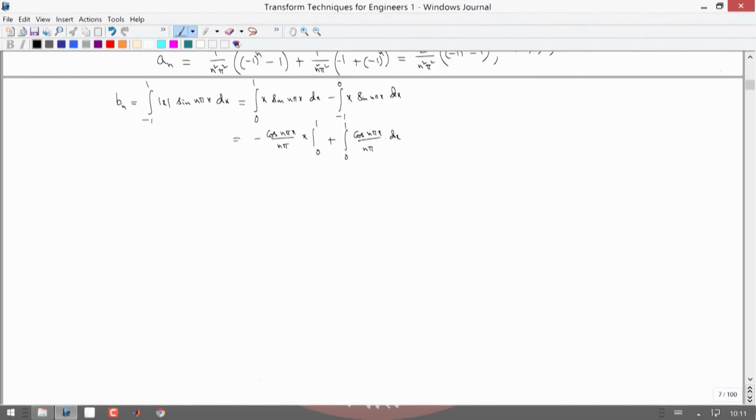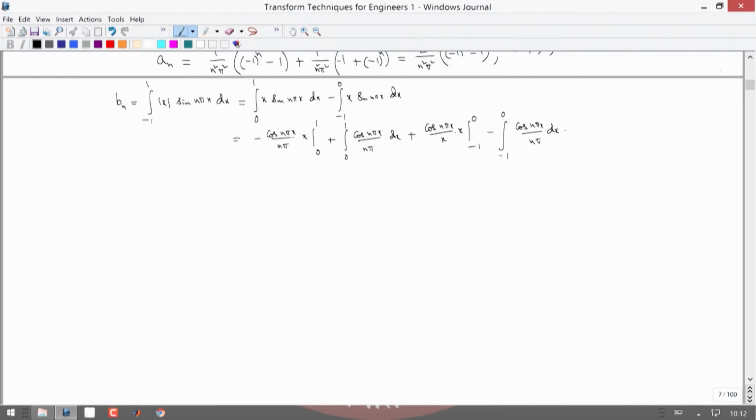And the same thing you can do here, minus minus plus here, cos n pi x by n pi times x. Now, substitute the limits -1 to 0 for this integral, and this is going to be minus, and you have the integral from -1 to 0 of cos n pi x by n pi dx.